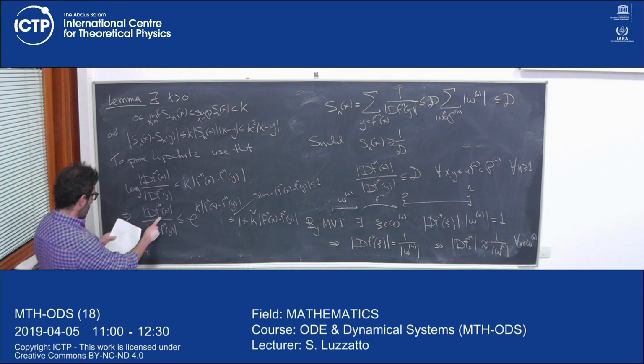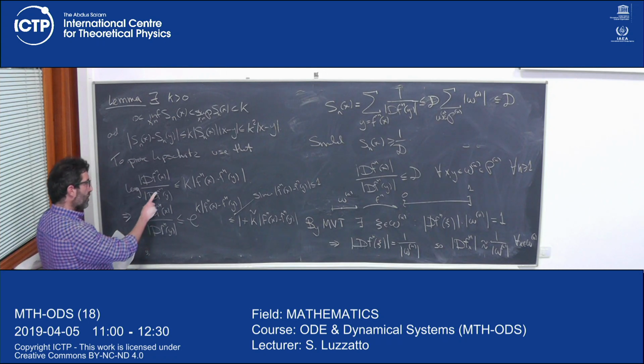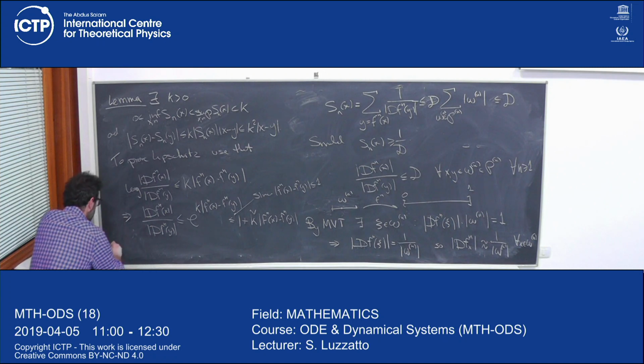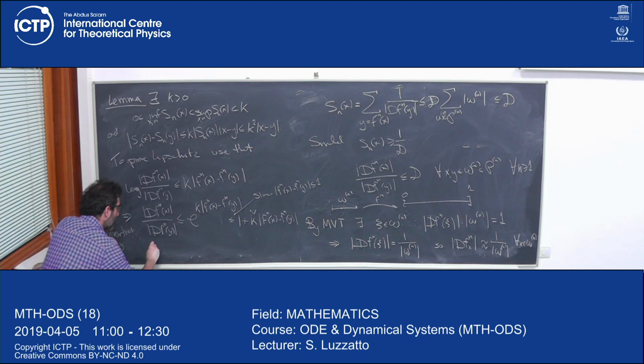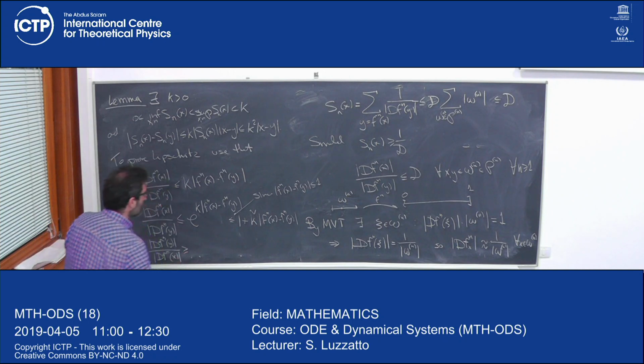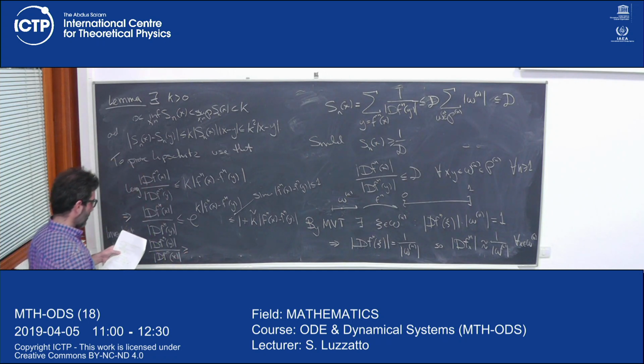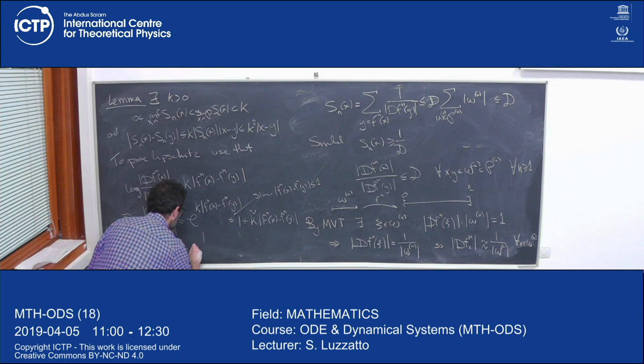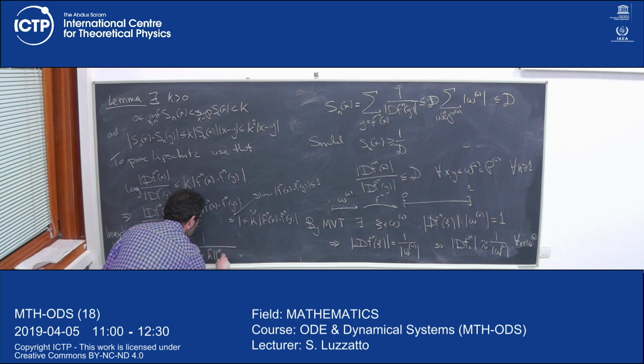And then here, inverting x and y, this implies also, so inverting x and y, from this we also get that df n of y over df n of x is greater than or equal to this, greater than or equal to 1 over 1 plus k tilde fnx minus fny.